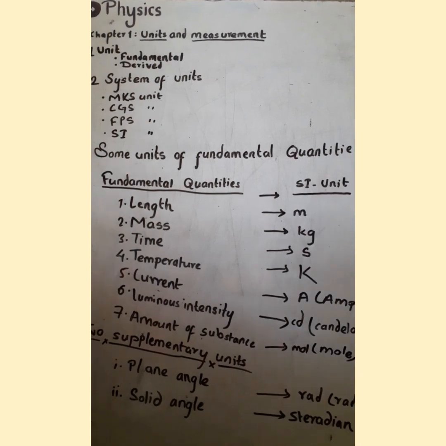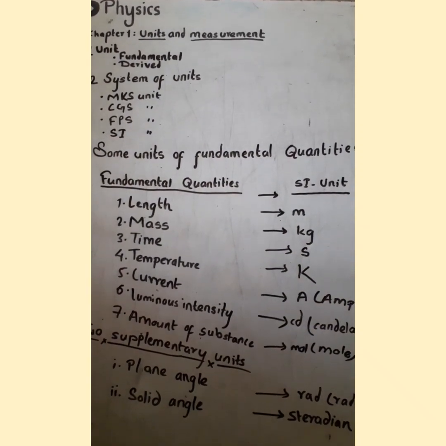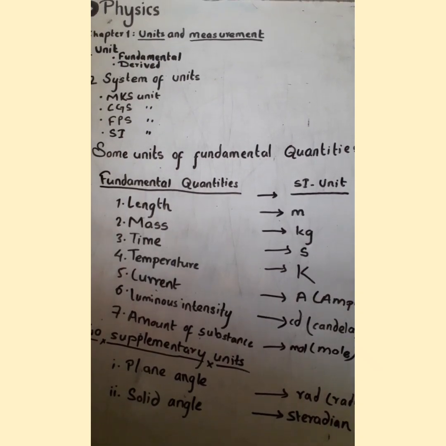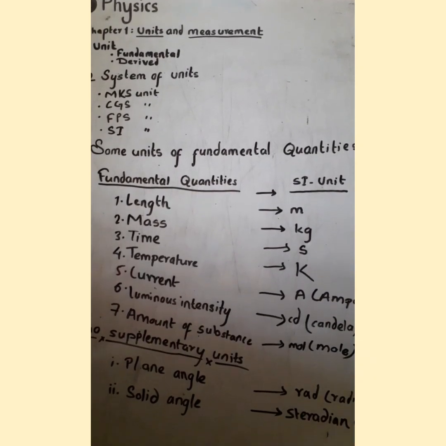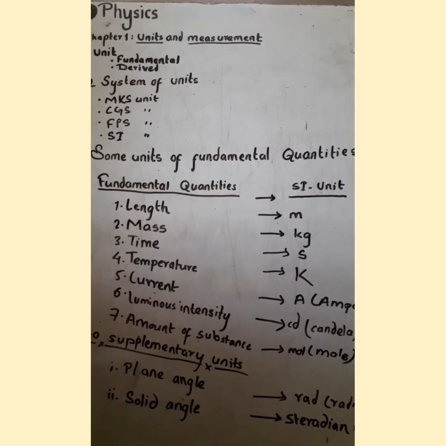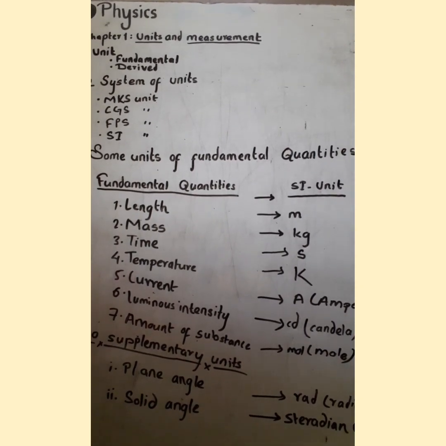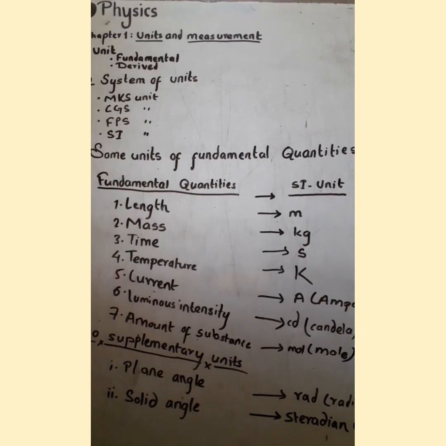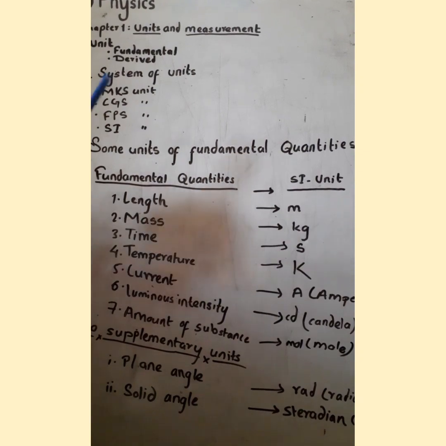Dear students, fundamental unit, the unit which are independent and cannot be derived from other physical quantities are called fundamental unit. And the fundamental quantities are mass, time, length, temperature, electric current, intensity of light, quantity of matter, etc. And we have derived units.